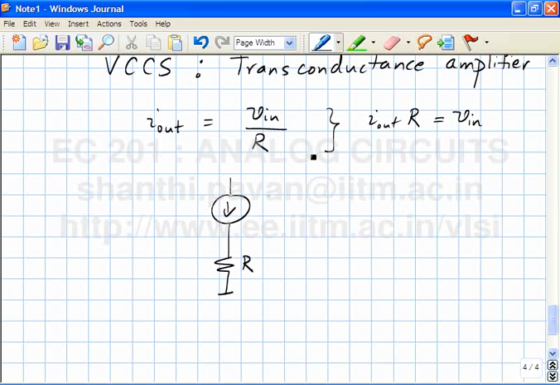So one simple thing to do is to pass this I out through R and compare the voltage developed across R with Vin, and this is exactly the same equivalent that we have earlier, except that the output we desire is different.